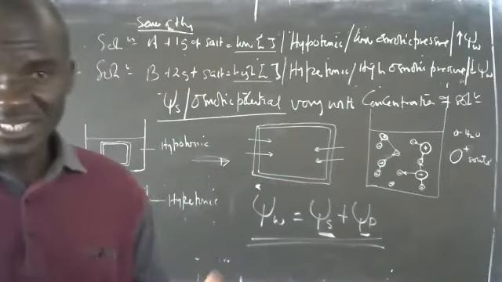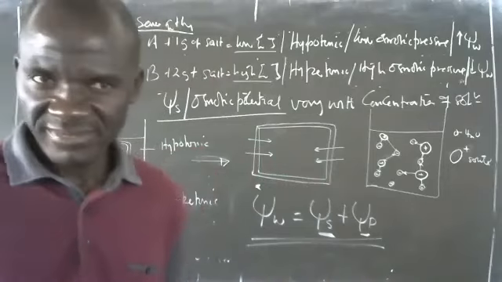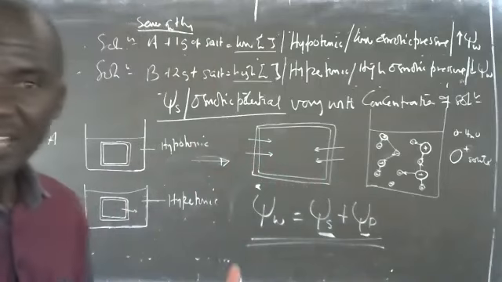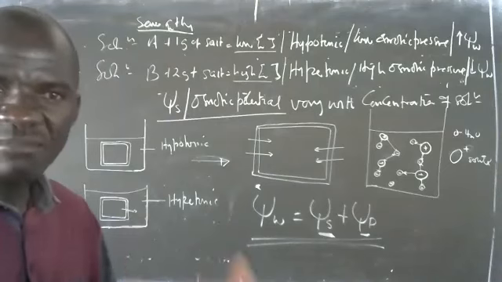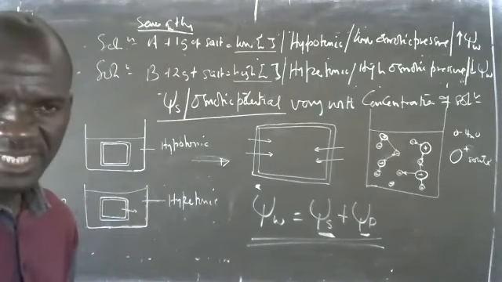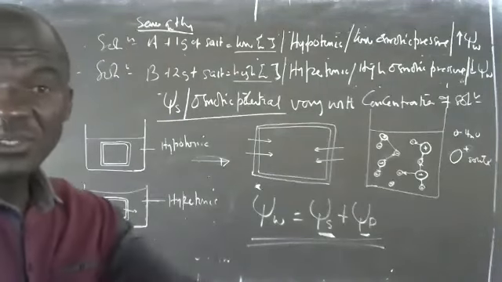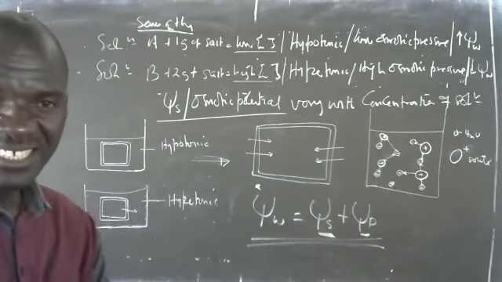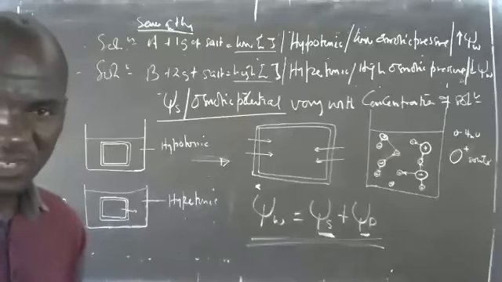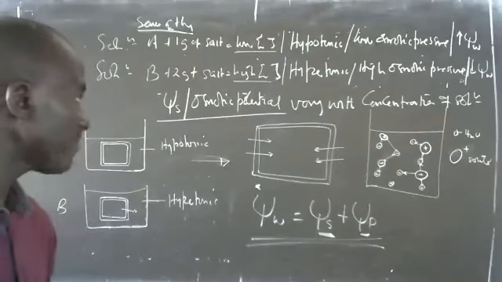The higher the concentration, the higher the osmotic pressure. And I said the solution with the higher osmotic pressure, that means highly concentrated, has a higher ability to gain water and a low ability to lose. Why does it have a low ability to lose? It has a lot of solutes which stop the movement of water because of those bonds.